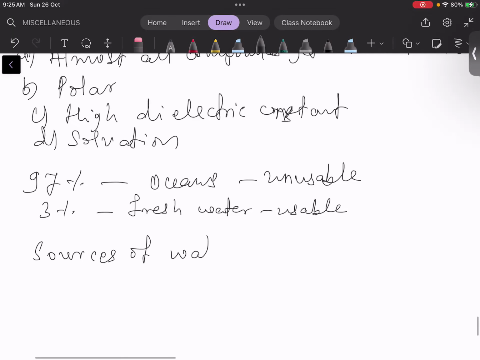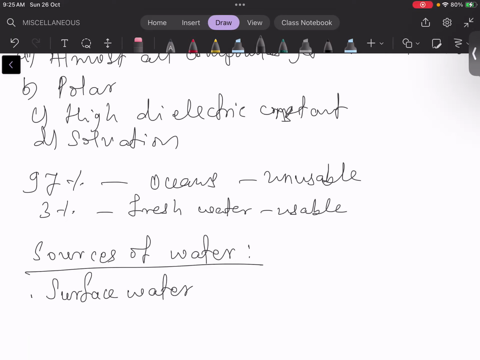Now, there are different sources of water. What are the sources of water? First source is surface water.